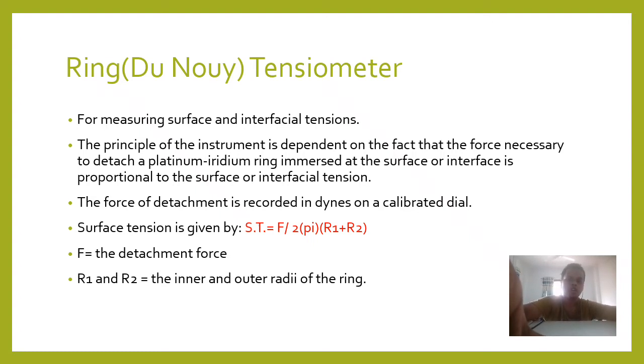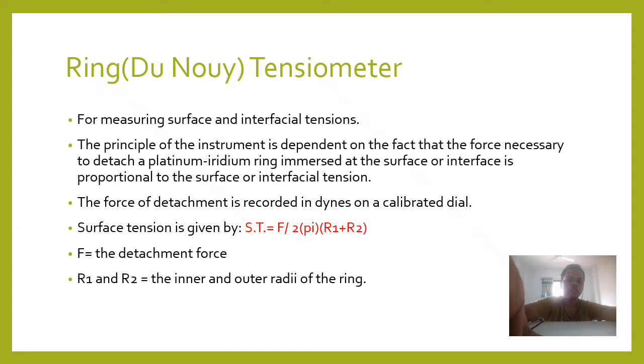The principle of the instrument depends on the fact that the force necessary to detach a platinum iridium ring immersed at the surface or interface is proportional to the surface or interfacial tension.